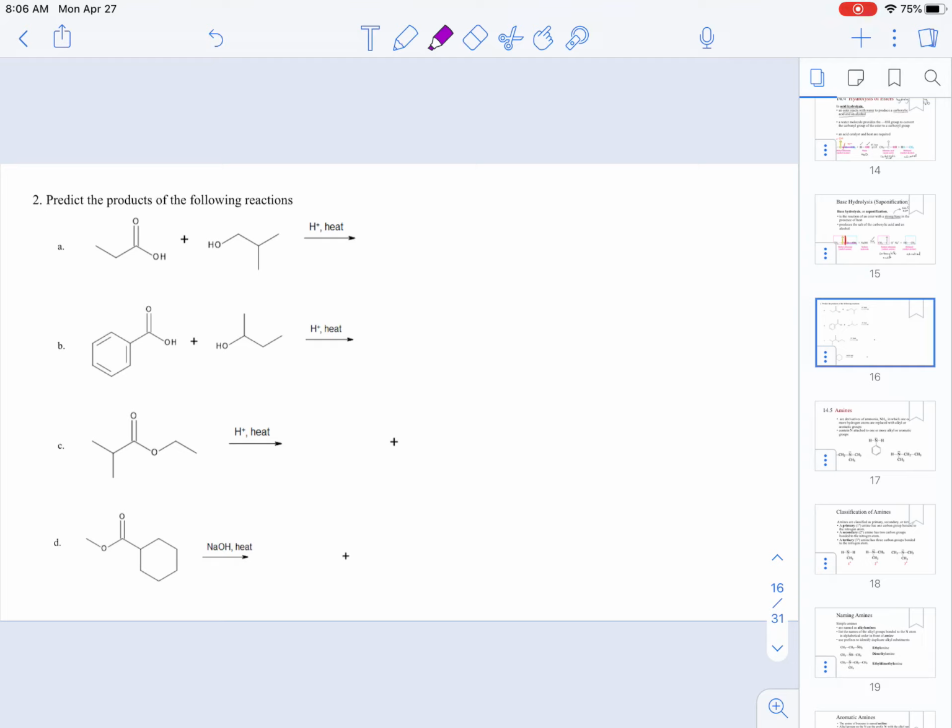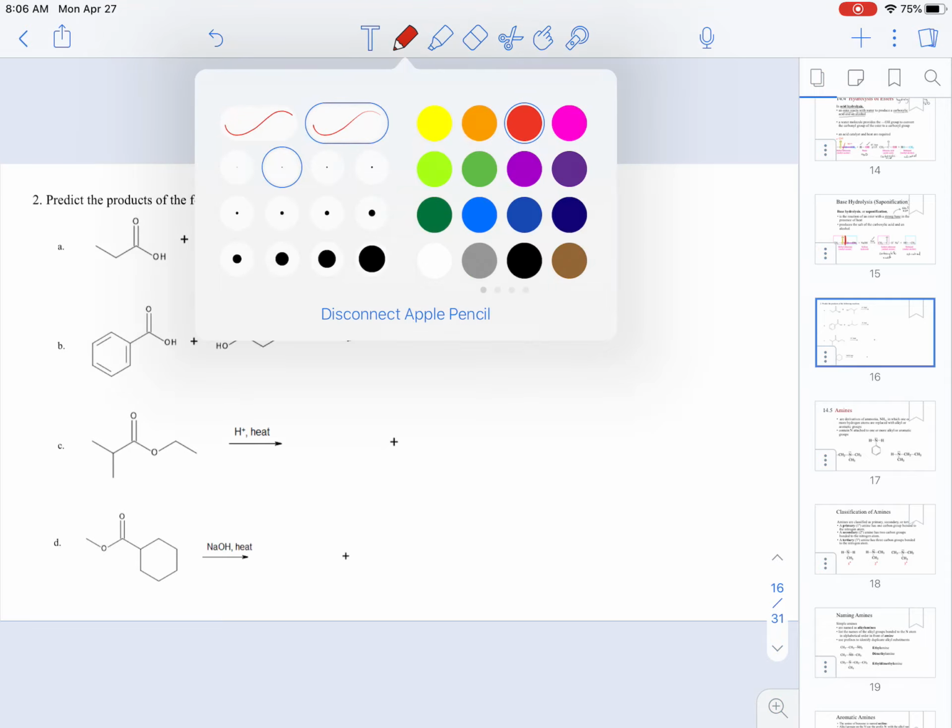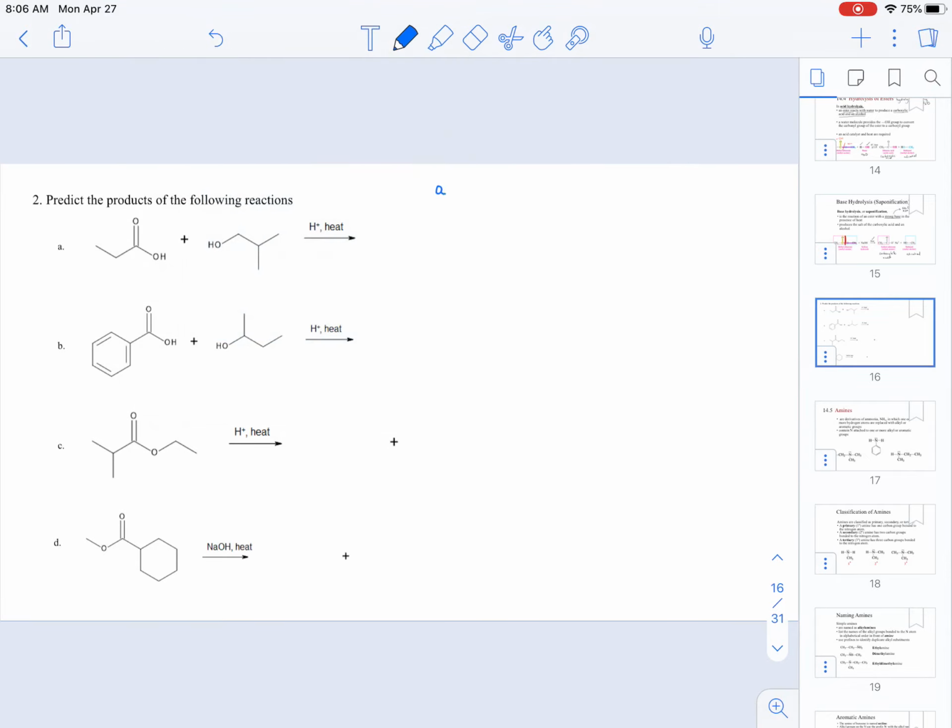So as you can see on problem A and B, those are going to be esterification reactions, because we have a carboxylic acid and an alcohol in the presence of acid and heat.